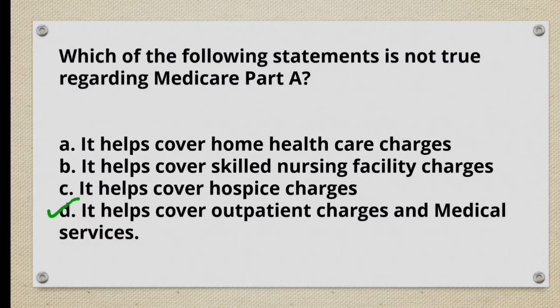Please remember that Medicare Part A covers inpatient charges, which includes home healthcare, skilled nursing facility, hospice charges, etc. It does not cover outpatient charges. Outpatient charges are covered by Medicare Part B. So in this question, the right answer is option D. Let us move on to the next question.